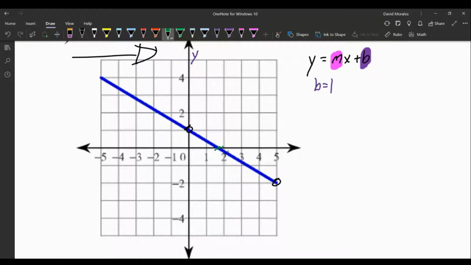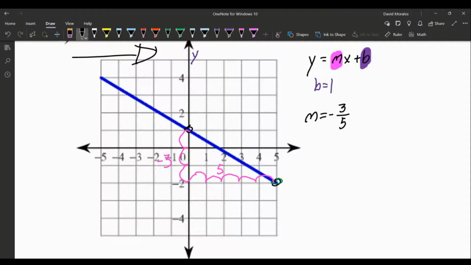It did not cross a grid corner anywhere until it hit here. So that's the grid corner. We count down 1, 2, 3, so negative 3. Then I count over 1, 2, 3, 4, 5. So negative 3 over 5. So m equals negative 3 over 5.